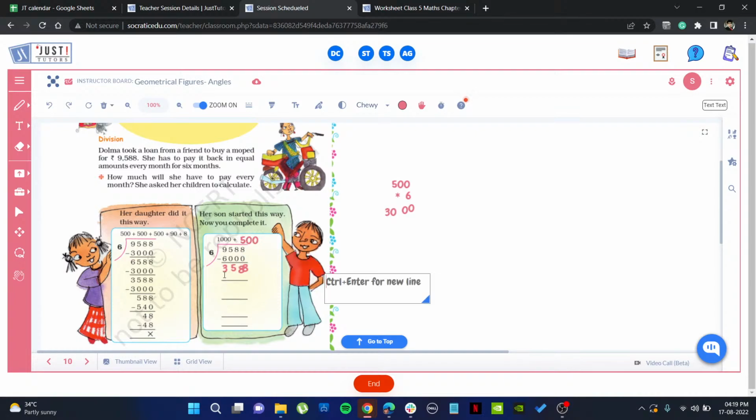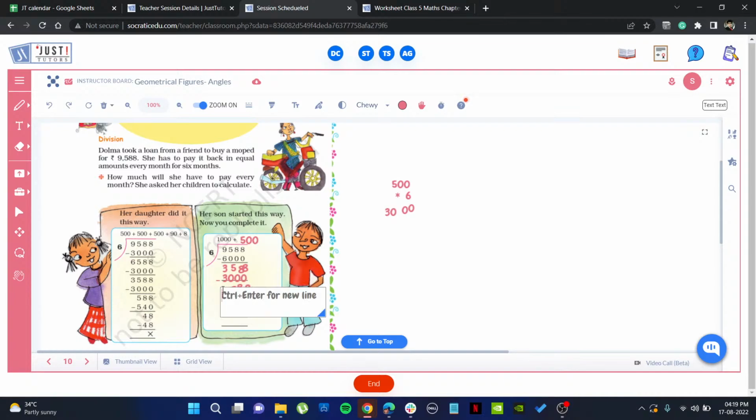And how much do we need to take away? We need to take away 3000. If we do so, let's solve it here. 0 take away from 8 is going to be 8. Here again it will be 8. Here it will be 5.